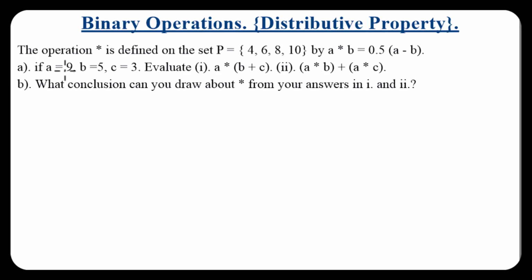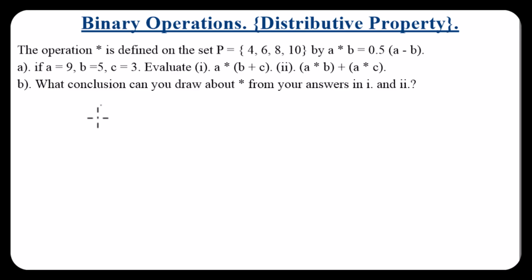So peradventure we can find 9, 5, and 3 inside of set P. And after applying this rule, if the results of the first evaluation and the second evaluation can also be found inside of this set P itself, then we can come to two conclusions. First one, whether the operation star is distributive over addition, and second one, whether it is closed. So remember, we talked about closure property in our first video.